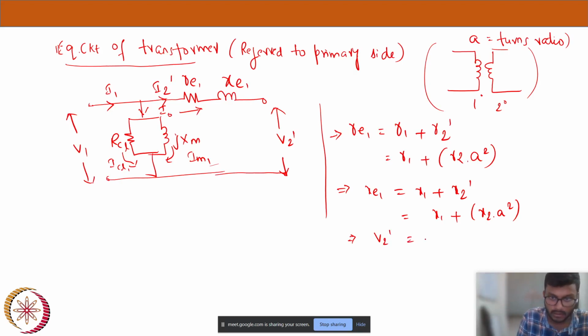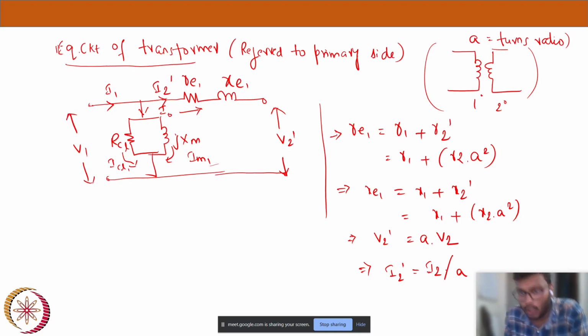V2 dash is A times V2. I2 dash, this current. How much is I2 dash? Secondary current divided by A, that is the turns ratio.